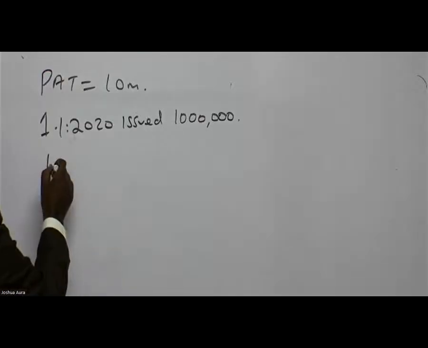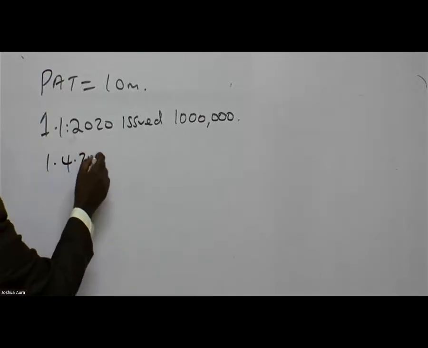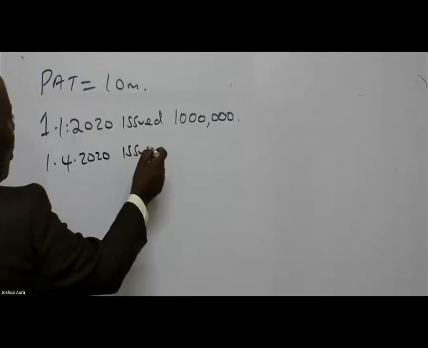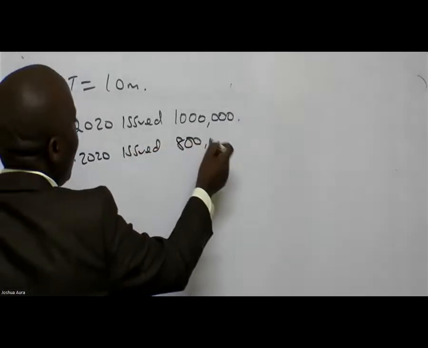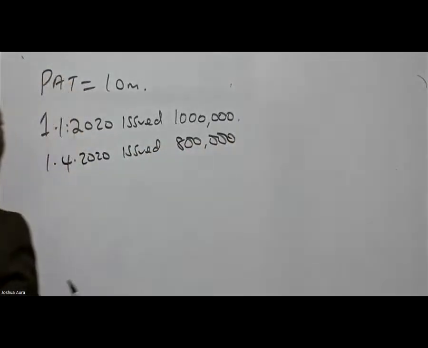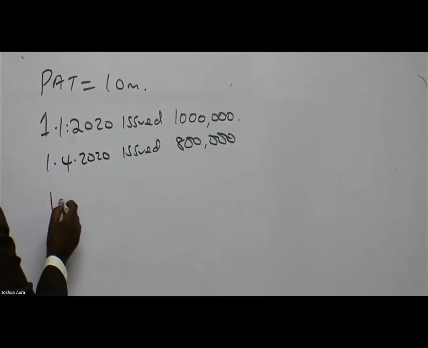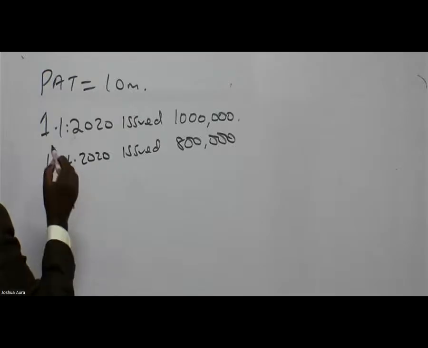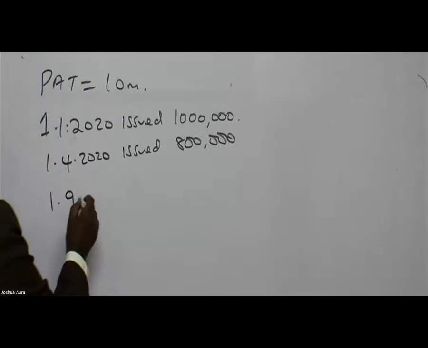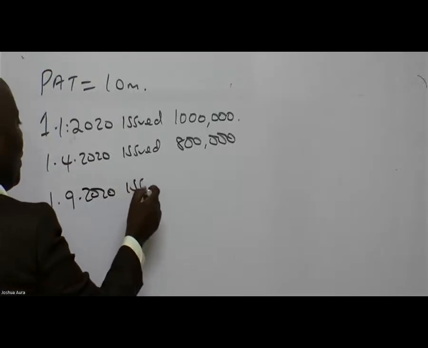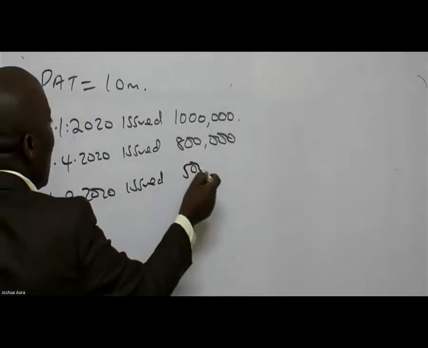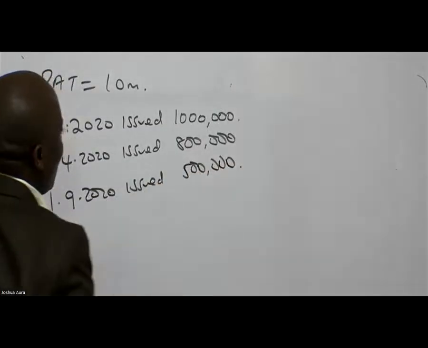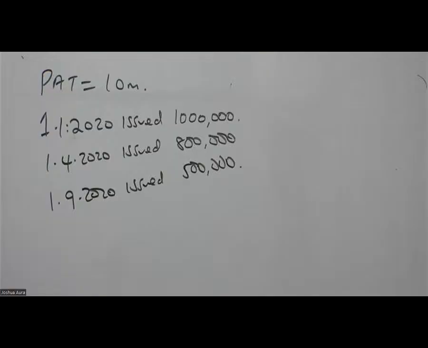Then 1st of April 2020, we issued some new shares, 800,000. And then, ladies and gentlemen, 1st of September 2020, we issued 500,000 shares. So this is supposed to be exercise number 4.